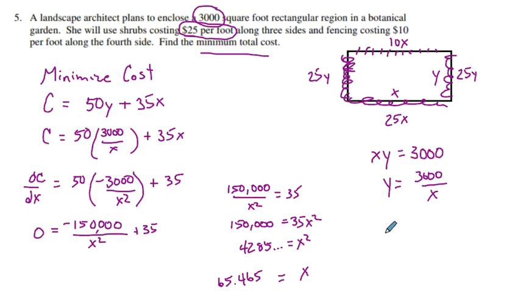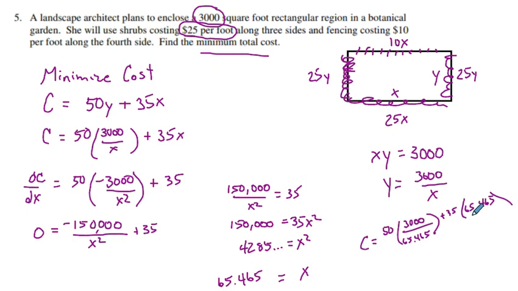All right, and so then they asked me to find the minimum cost, and I have that formula right over here. So I'm going to just go ahead and plug that in. So I've got 50 times 3,000 over this 65.465. My calculator, I'll use second answer, so I'm not rounding at all, plus 35 times that 65.465. And just hang on while I put this in my calculator.